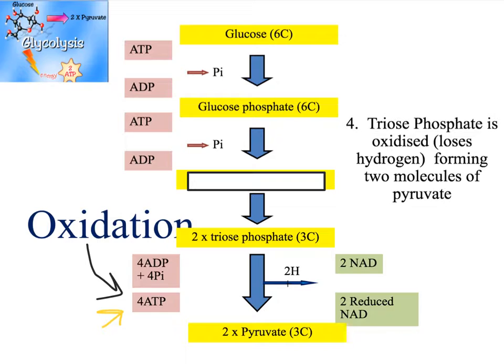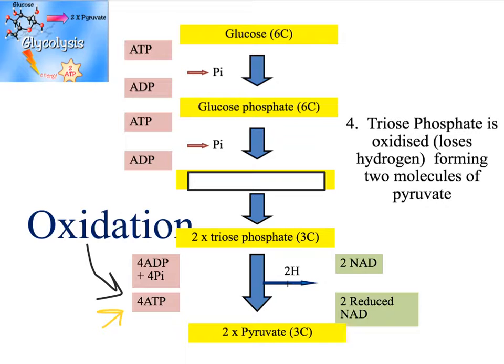Now, glycolysis requires the help of a coenzyme. A coenzyme is not an enzyme, but it allows enzymes to work more efficiently. So NAD, in this case, is the coenzyme, and as the triose phosphate is oxidized and it loses the hydrogen, that is then combined to make reduced NAD.